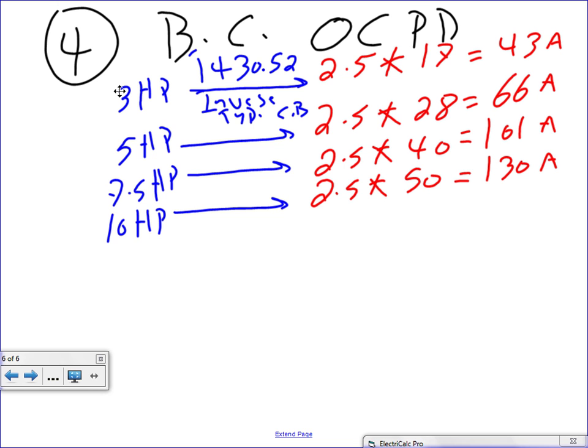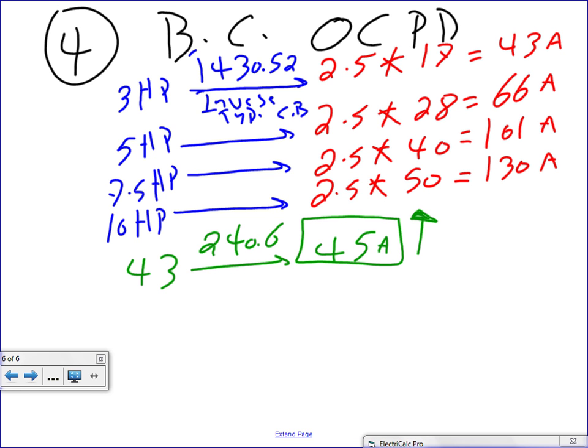The next step is to take the 43 to 240.6. Your next standard size will be 35 amp. If it's not a standard size, go up. So here's my first circuit breaker. The second one is 66, that will get me 70.